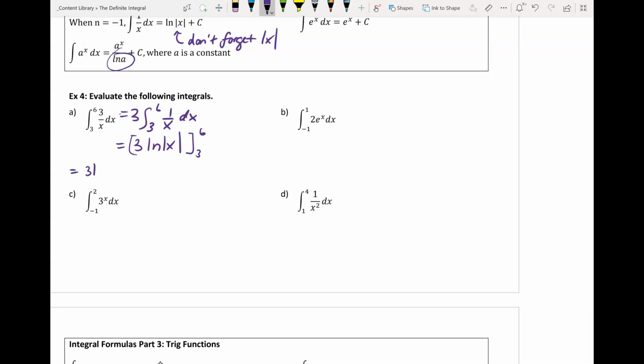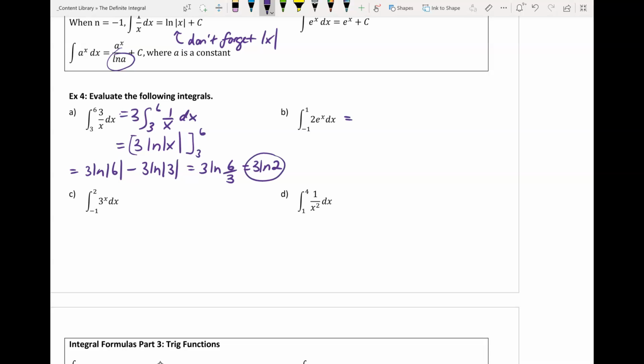So that's 3 ln 6 minus 3 ln 3. In other words, if we combine our ln, we're going to get ln of 6 over 3 because we're subtracting, according to properties of logarithms. So that's 3 ln 2, and that's our final answer there.